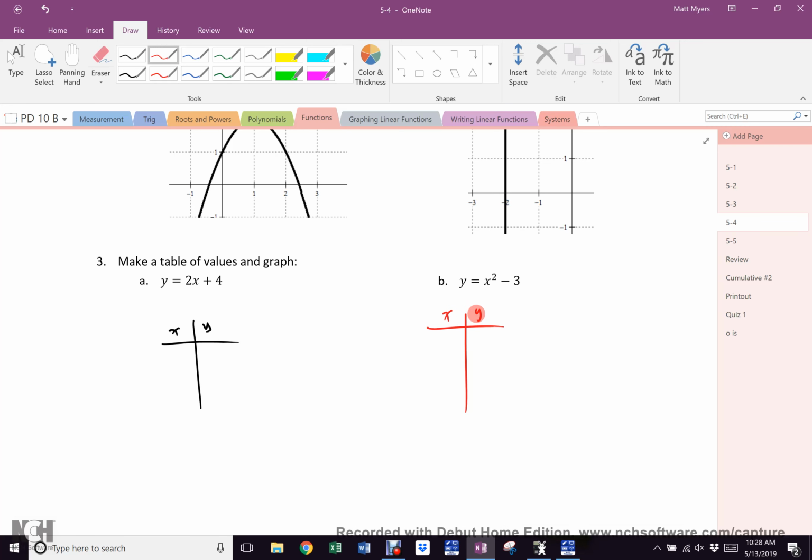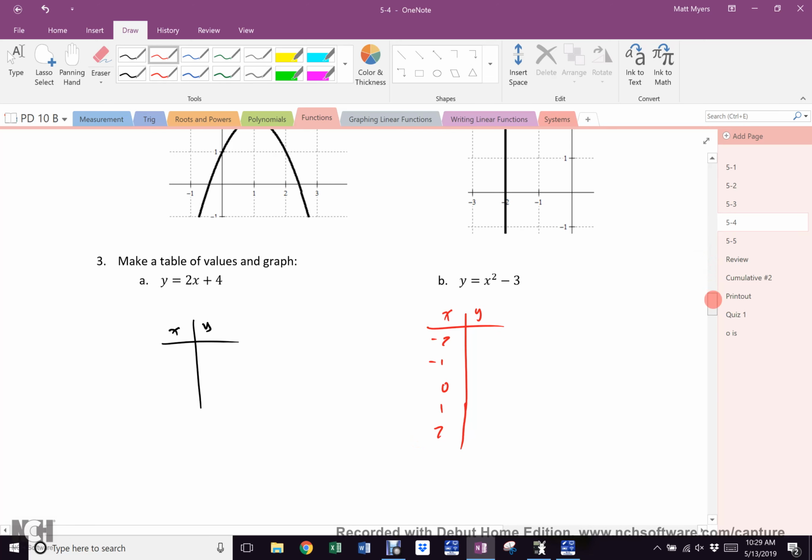What would be a real smart 5 x's to use? -2, -1, 0, 1, 2. Why? Because 0 is real easy to work with, 1's real easy to work with, and 2 is real easy to work with. Right? Go, graph those.